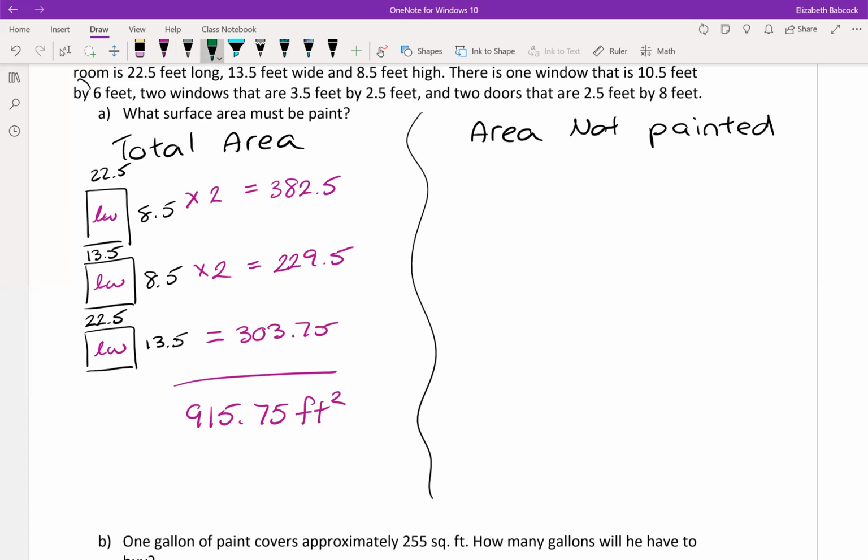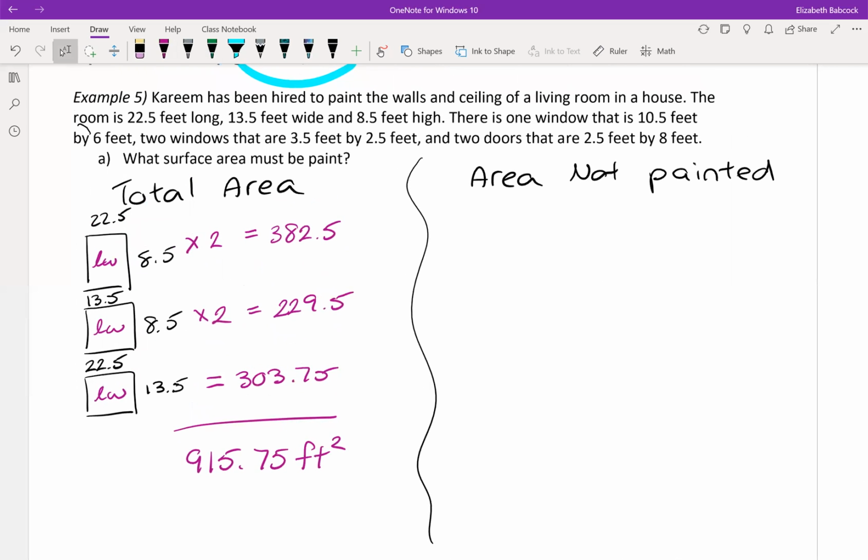So if we're looking at area that's not painted, we have one window that is 10.5 by 6. So 10.5 times 6, that gets us 63 feet squared. We have two windows that are 3.5 by 2.5. So two windows, 3.5 by 2.5.